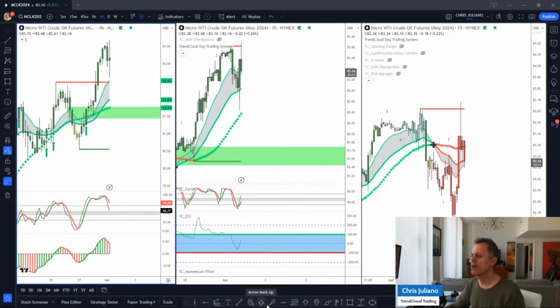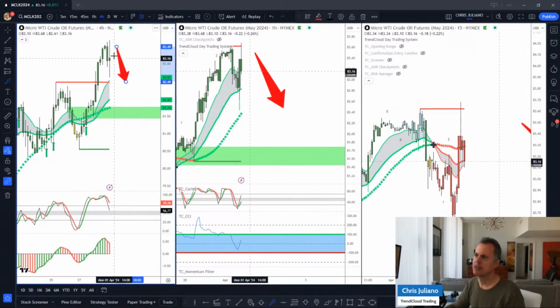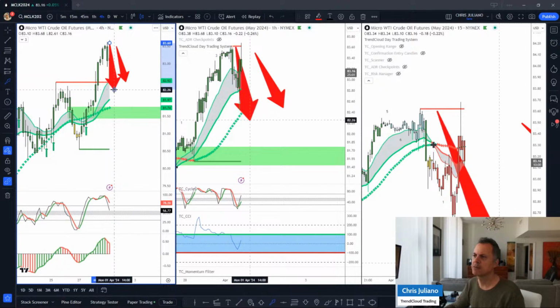What we want to try and do is capture the impulse, or capture the correction, from here to here, right?